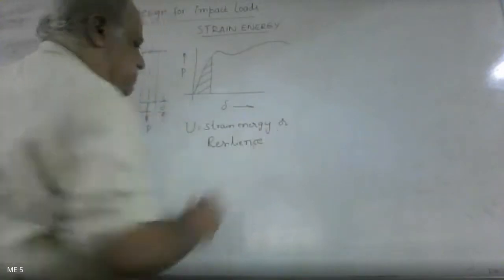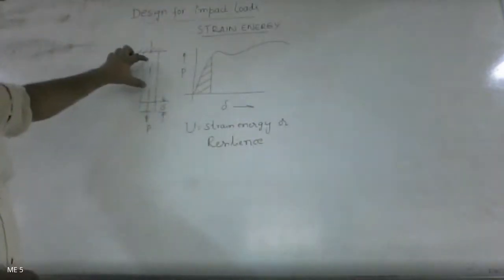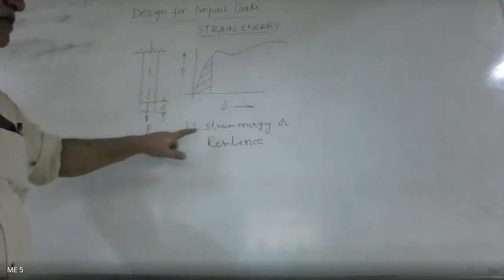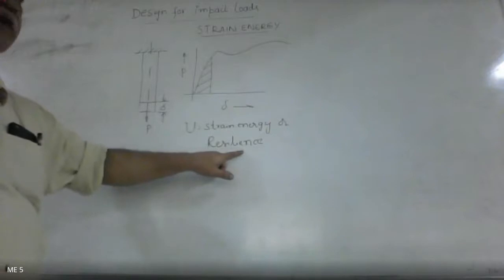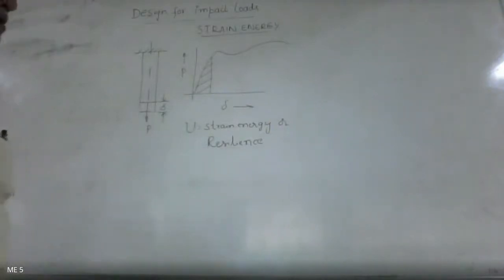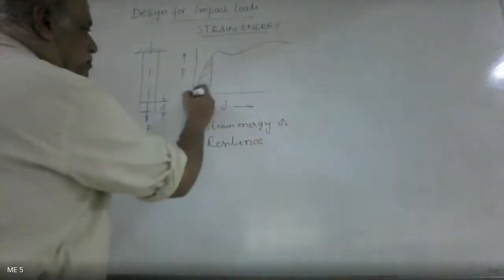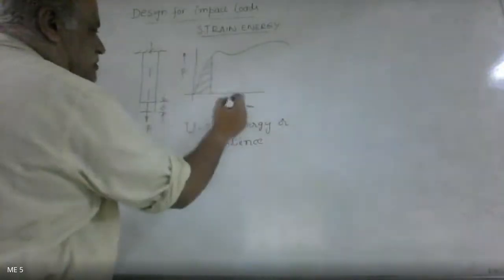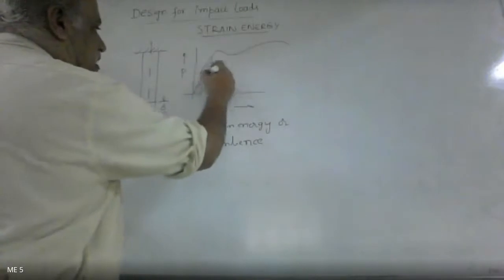This is the first thing. The energy absorbed by the member because of the applied load P is called strain energy or resilience. How is this given by an equation? When I plot a graph between load versus deflection, this is what I get.